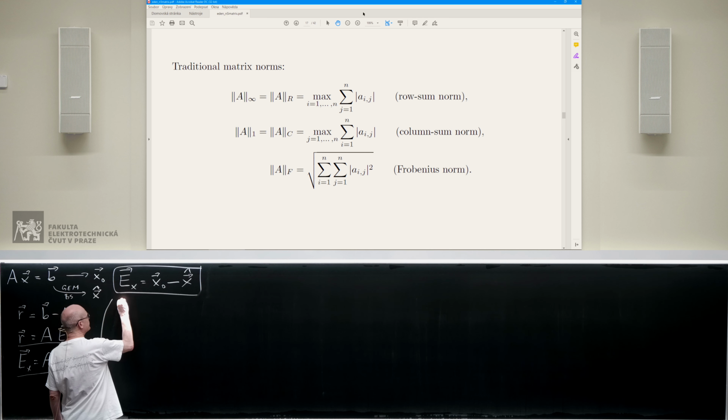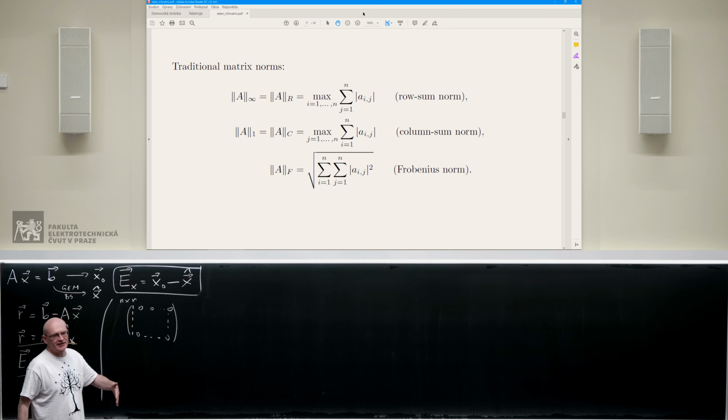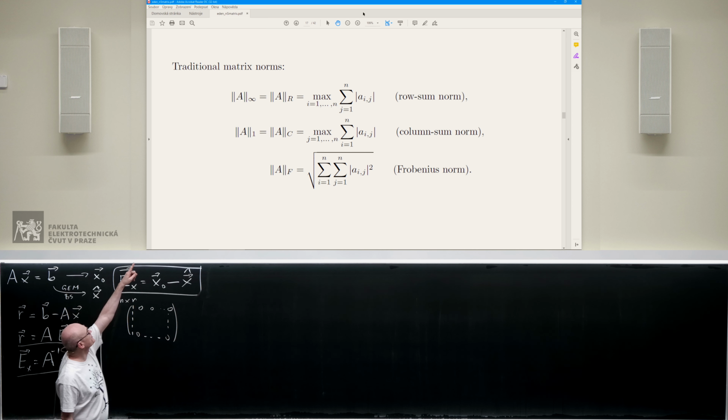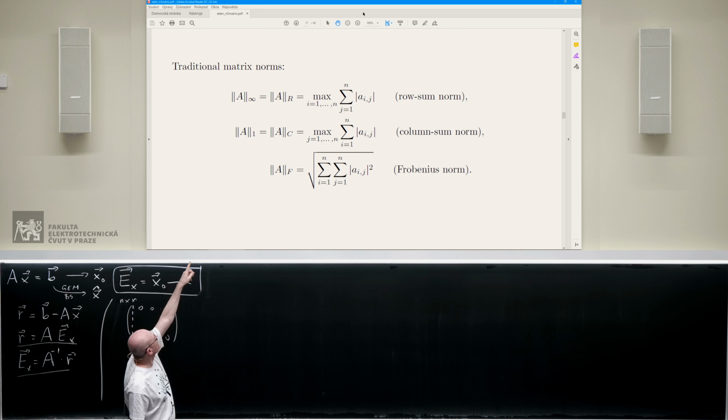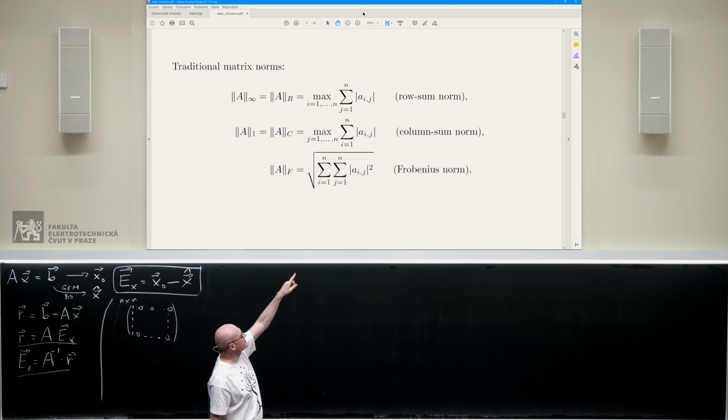I have a matrix here which is n by n. The first column is ones, and all the other entries are 0. Let's say that I'm interested in the first norm, which is called infinity norm or row sum norm.